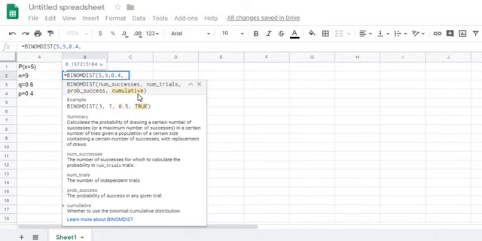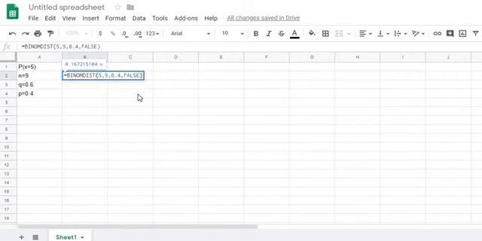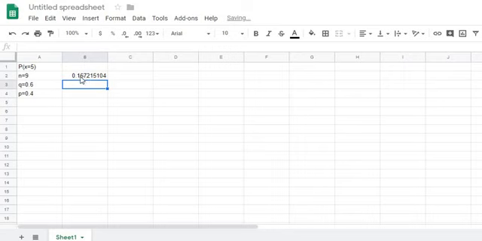Now the cumulative, this is asking you, is it adding up all the probabilities before it? And this one, no, because we want to find just x equals 5. So to do that, you would type in false, or F-A-L-S-E. Now you close the parentheses and then press enter. Okay, so you can see that we find here the same probability we found for part A. So if you want to use Google Spreadsheets to calculate these binomial probabilities, this is how you would do it.